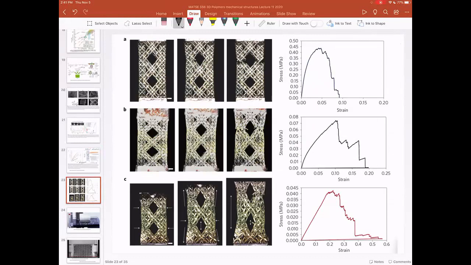And so the mechanical properties, or the samples and the mechanical properties, look like this, where now you have these really interesting lattice structures and you're going to compress them. And so what happens is that based on the deformation, and this is a good line to look at right here, based on the deformation where you're going to squeeze this truss, it deforms differently in different parts of the structure.